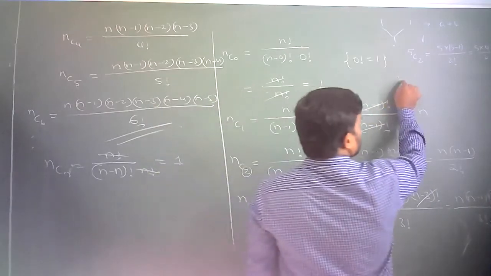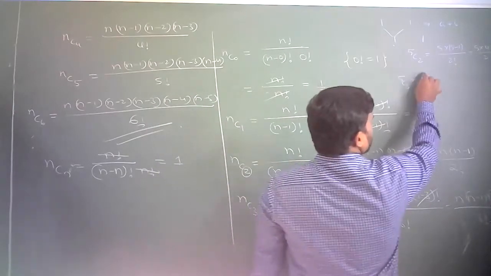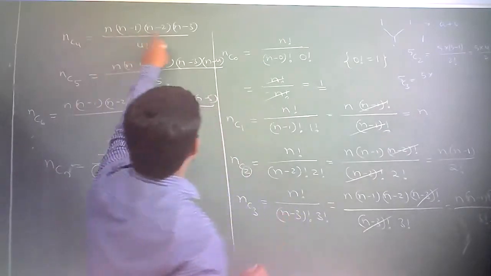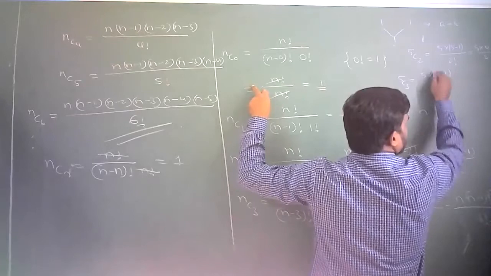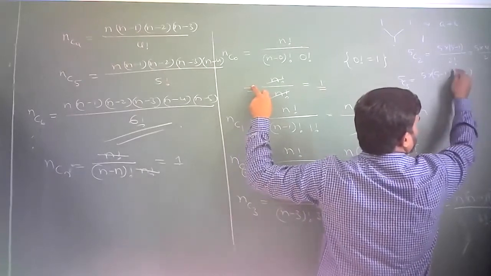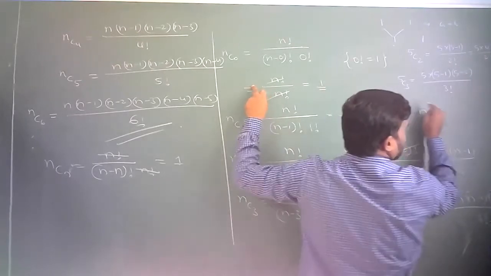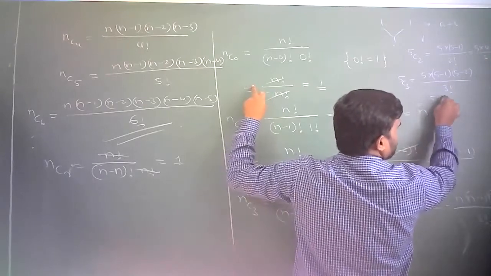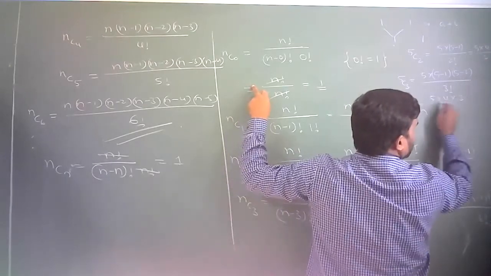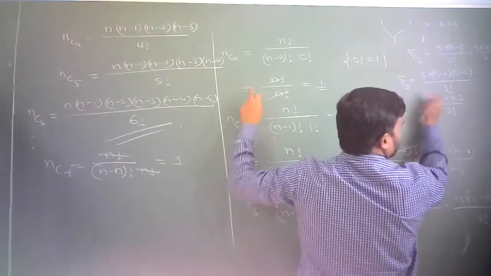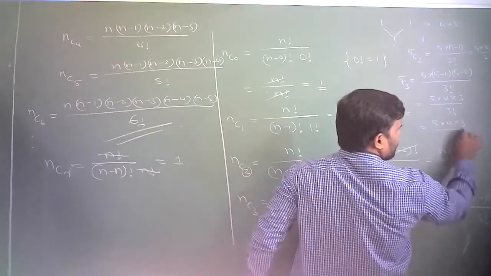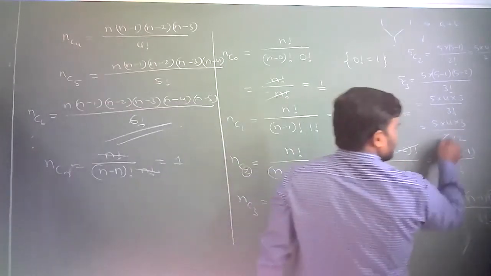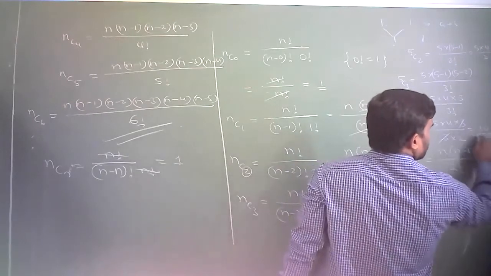Next, similarly, 5C3: you take expansion up to 1 less than this one. 5 into (5 minus 1) into (5 minus 2) by 3 factorial. That is 5 into 4 into 3 by 3 factorial, equal to 5 into 4 into 3 by 3 into 2. So this 3 and 3 get cancelled. Again its value is 10 only.